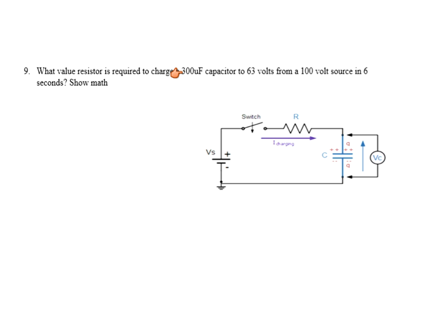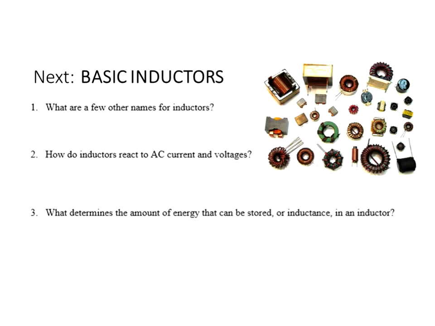Let's see, 6 seconds divided by 300 microfarad, 300 E negative 6, and I get a 20K resistor. So my answer for this would be 20K. Why? Because 20 kiloohms times 300 microfarad equals 6 seconds. So that's a charge cycle.